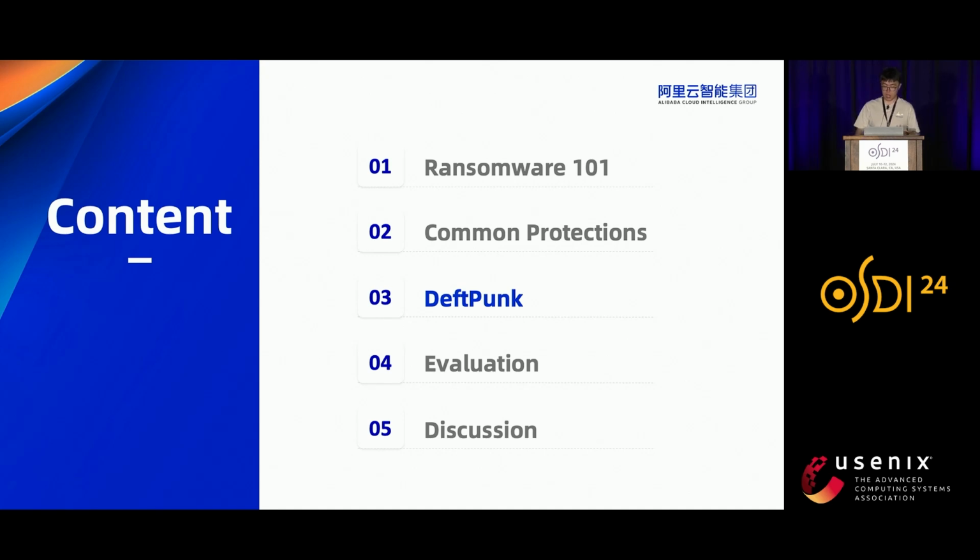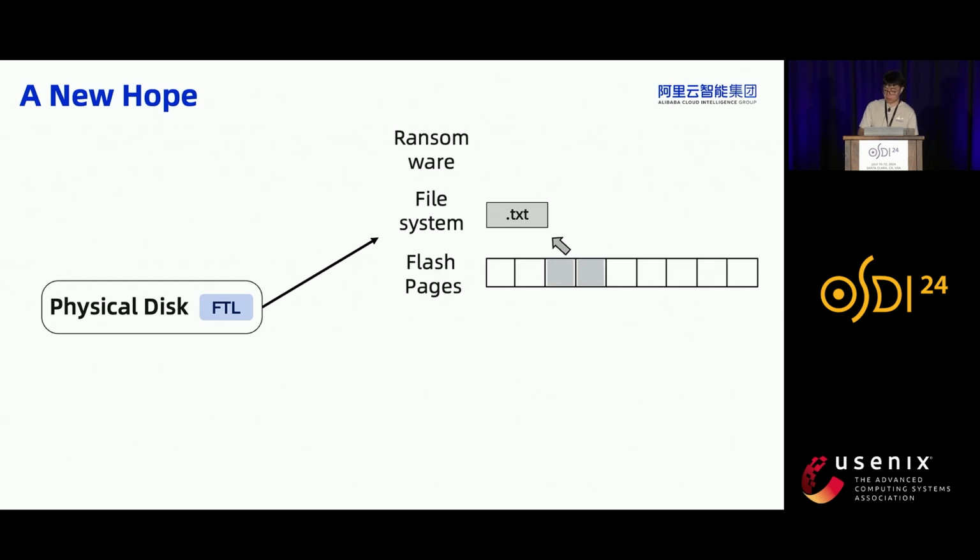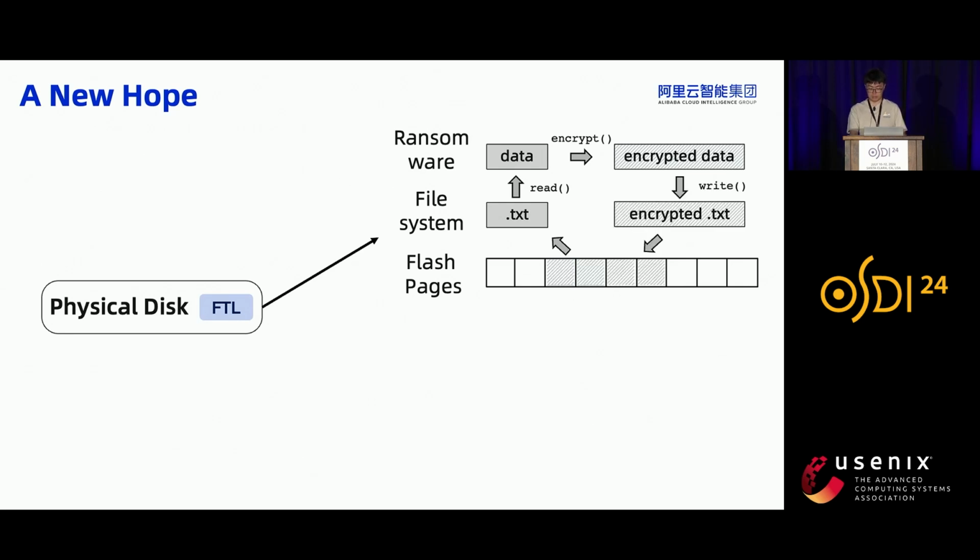Now, let's see how DeftPunk solves this. Before we start, let us first understand how an FTL-based solution defends against ransomware. The key idea is simple, and there are 2 parts. First, the ransomware, as we said earlier, has this fixed procedure of read, encrypt, and write back to the same location.